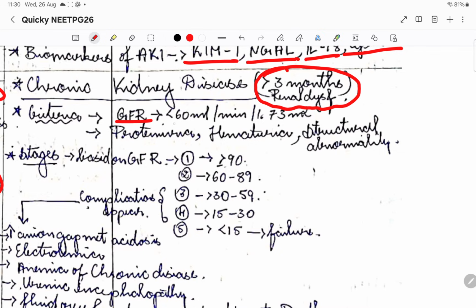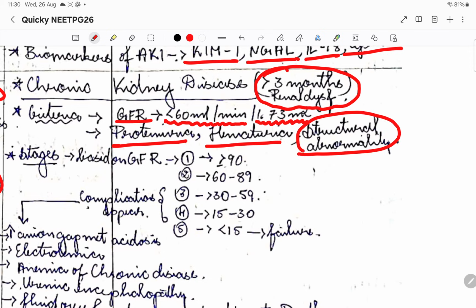So GFR, if it is less than 60 ml per minute per 1.73 meter square, then we are going to diagnose it as CKD. Okay, so a person with CKD, how we diagnose is based on GFR. The presentation will be proteinuria because the protein reabsorption is not happening, or everything is getting leaked out, and hematuria, then a structural abnormality will be there in the kidney. Okay, so this is how we can diagnose CKD.